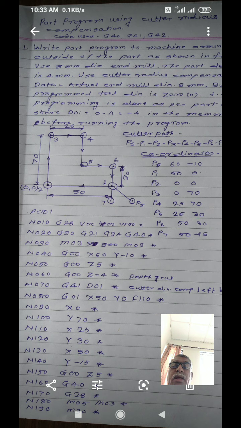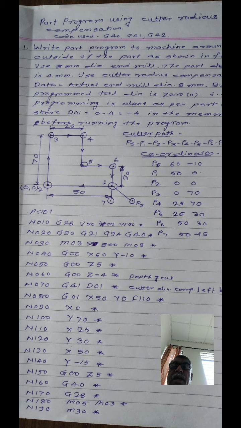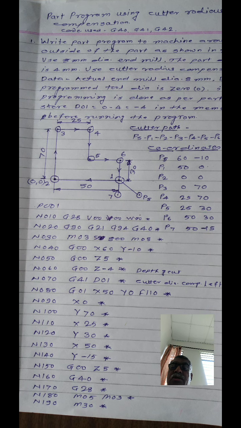Then, according to the tool path, you have to write a part program. How is it written? The first three blocks remain the same. That is, first is a program number, then N020, G90, G21, G94, and here you have to use one additional code.